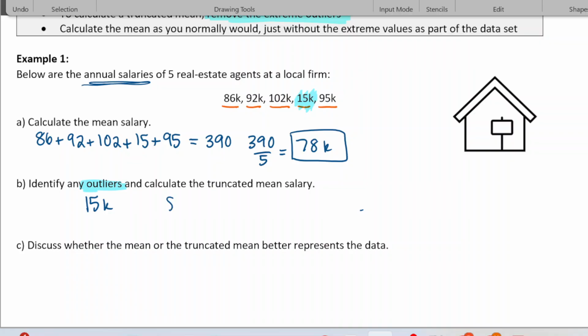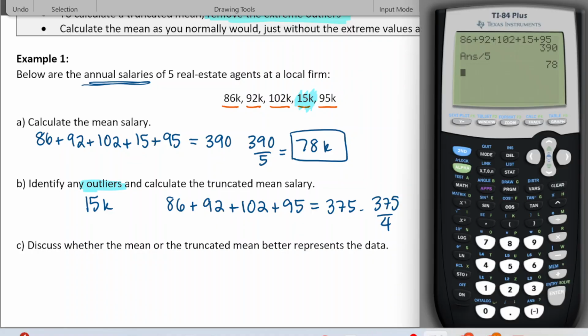So the truncated mean is what happens if we don't include that outlier. So we just exclude it. So this is going to be 375. And we're going to do 375 divided by 4. $93.75.